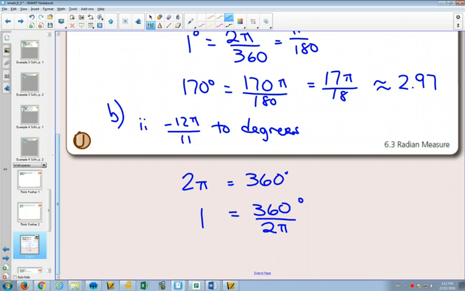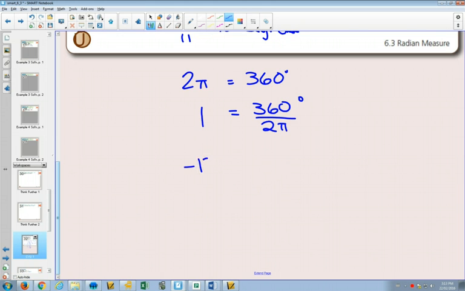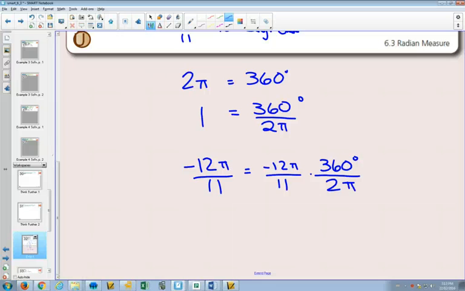So if you wanted to find out what negative 12 pi over 11 was, what would you have to do to both sides? Multiply by negative 12 pi over 11. So if I multiply this side by negative 12 pi over 11, that's easy because you're multiplying by 1. But if you're multiplying this side by negative 12 pi over 11, this is what you would get.